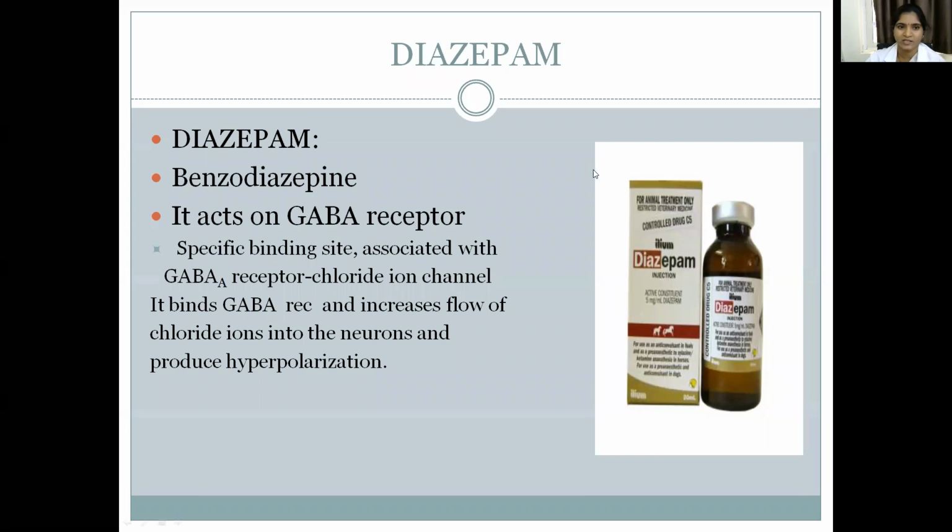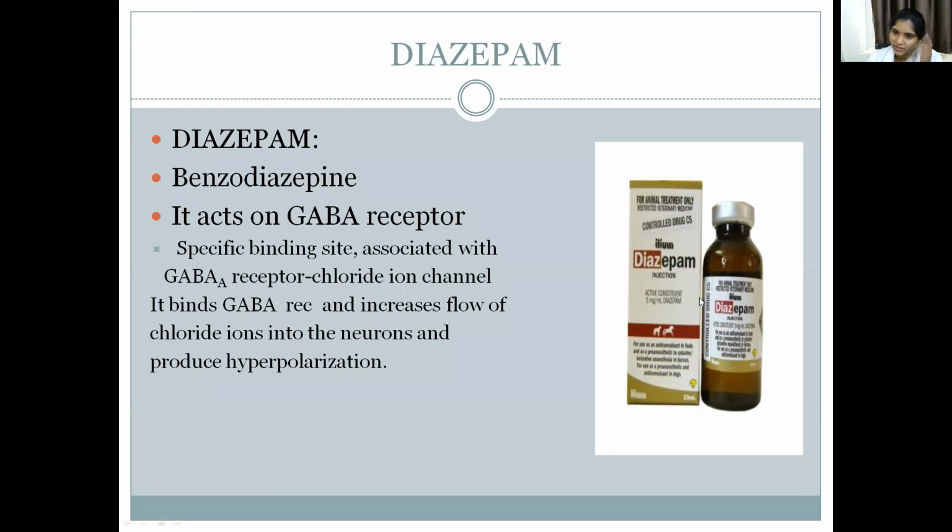First spotter is diazepam. Here you can see the picture of diazepam. For example, this one we will keep in the exam as a spotter.